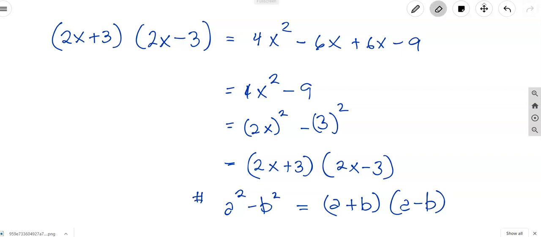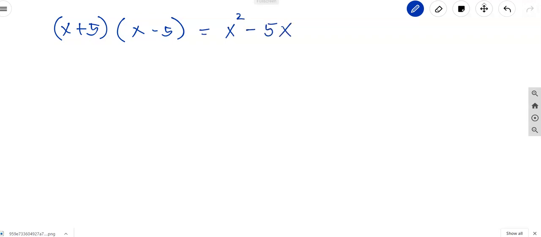Another example. What if we will have x plus 5 times x minus 5? What will be the product? So therefore, we will have x squared minus 5x plus 5x minus 25.